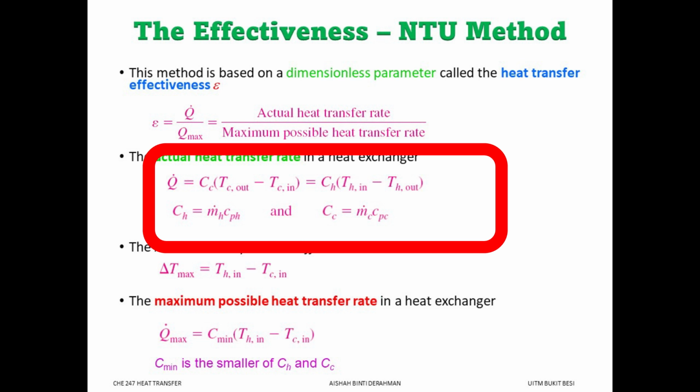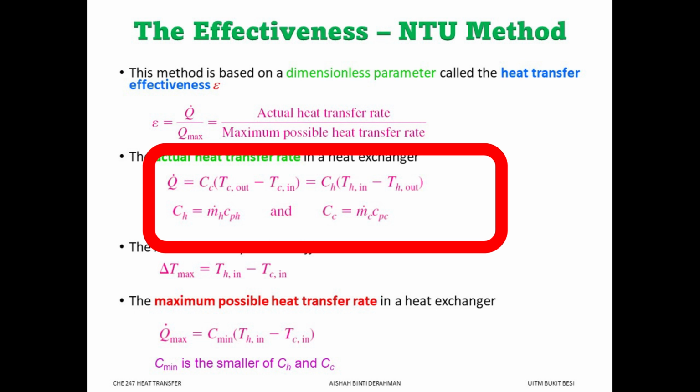Taking into consideration the cold fluid, heat transfer rate is calculated as mass flow rate of the cold fluid times specific heat capacity of the cold fluid times temperature of the cold fluid out minus the temperature of the cold fluid inlet.